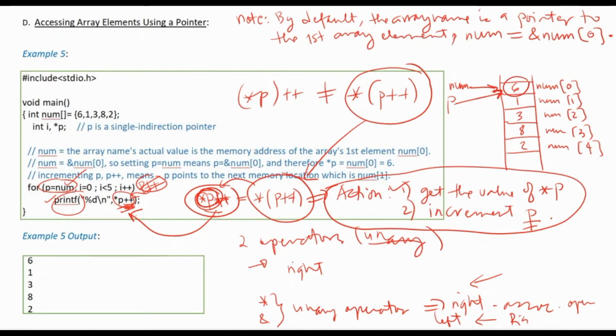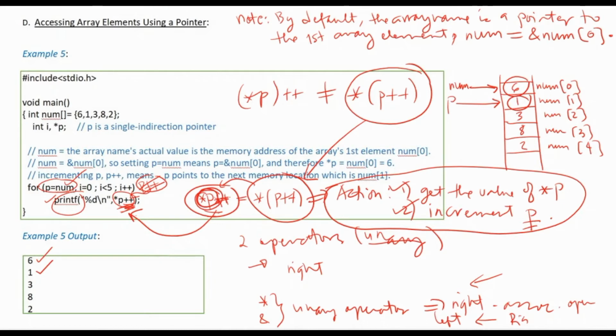And that's why in our output window, we have on the first line the value 6. And then after that, we increment P. So P would now be pointing on the second location, which is the second element of the array, num1.